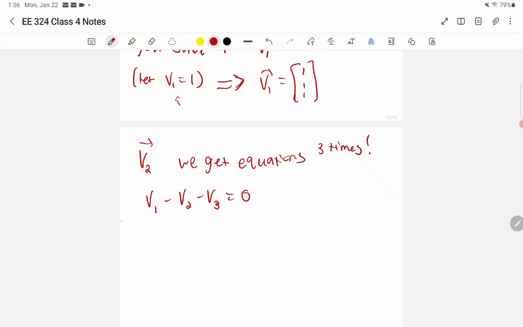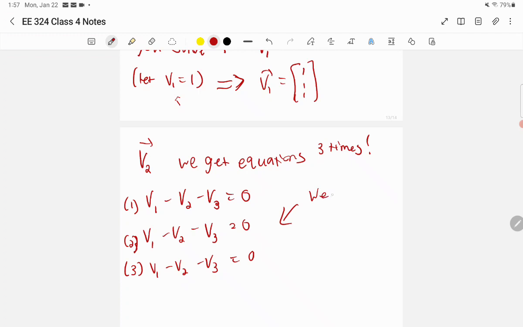Why is this important? These are my three equations. This is important because we get two free variables.